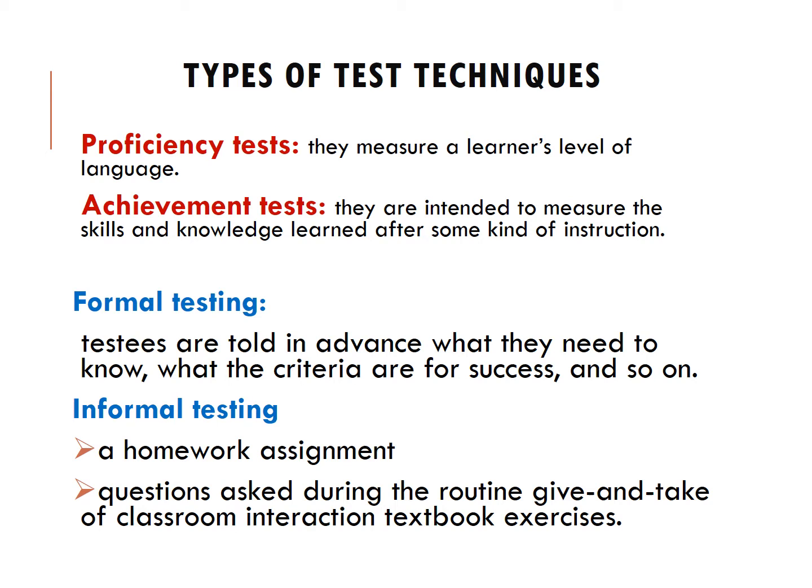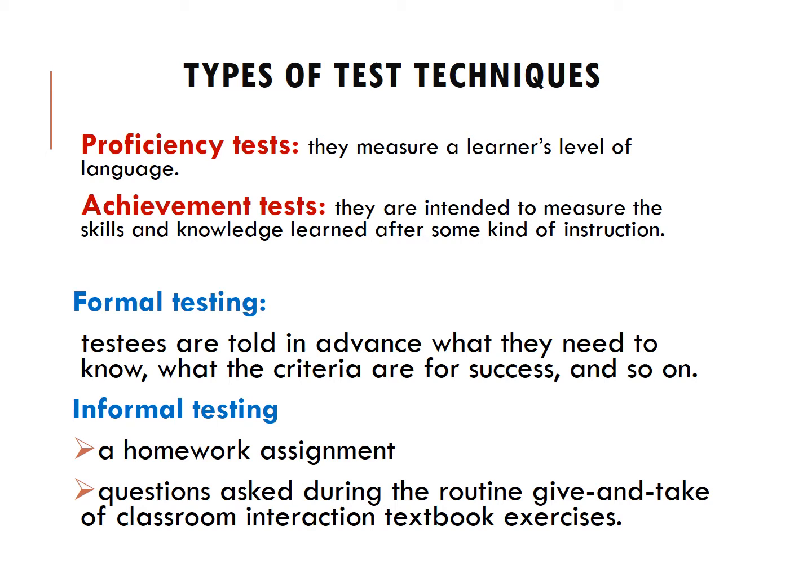There are two types of testing, formal testing and informal testing. Testers are told in advance what they need to know, what the criteria are for success, and so on. When the proper instructions are given to the students, it is considered the formal testing. And when the students are not given the proper instructions about the testing situations, it is known as the informal testing.